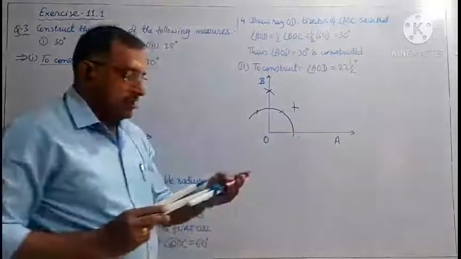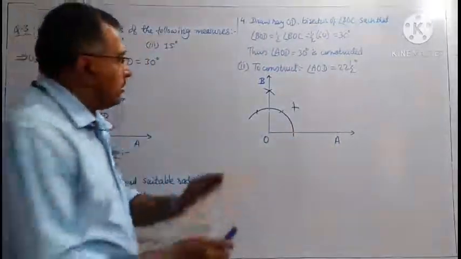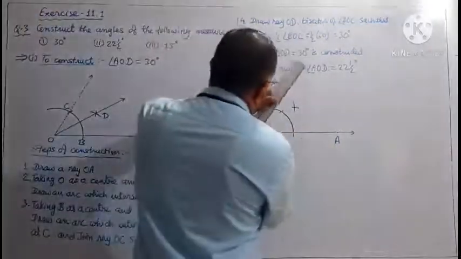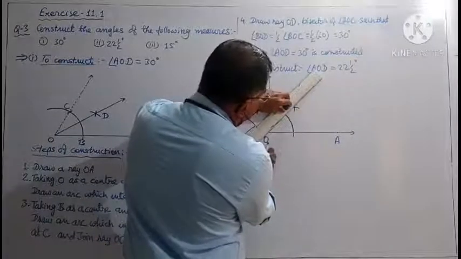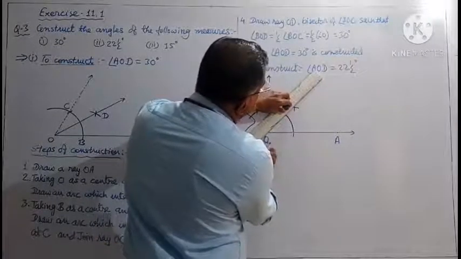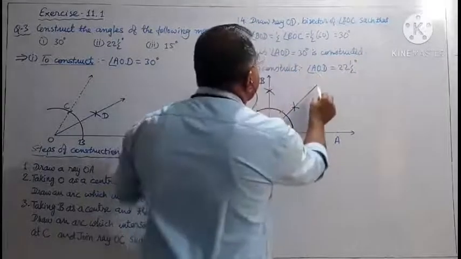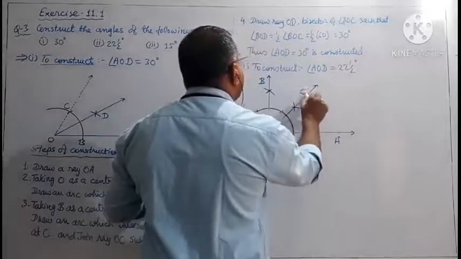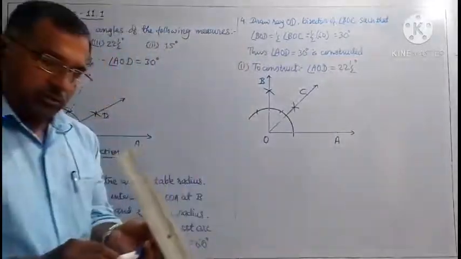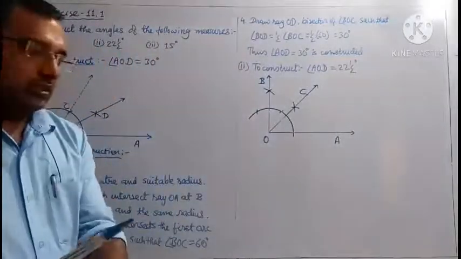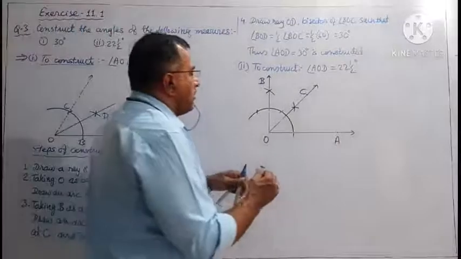So now this is ray OC, that is the bisector of angle AOB. You can see ray OC.